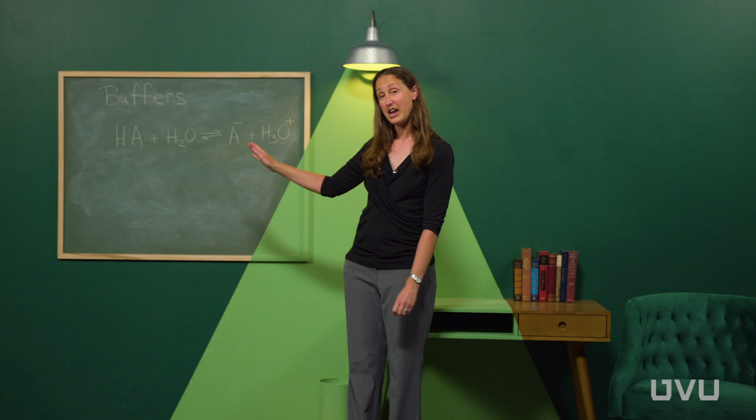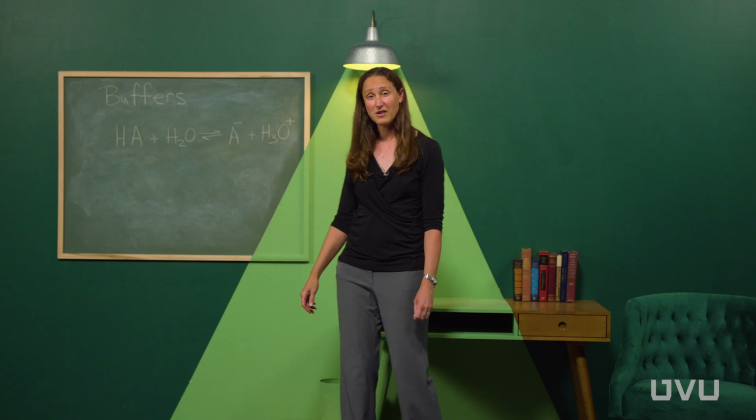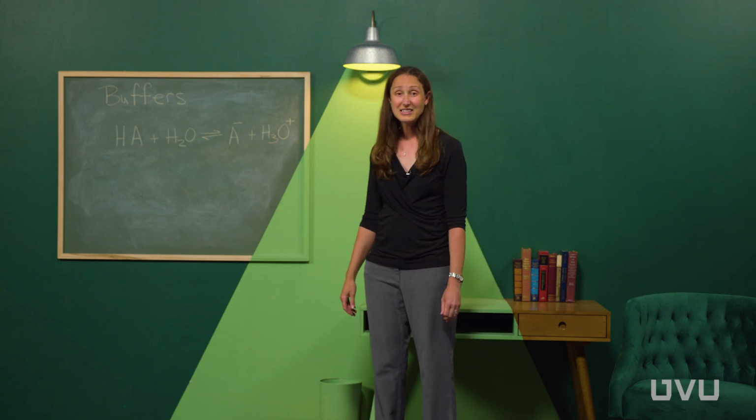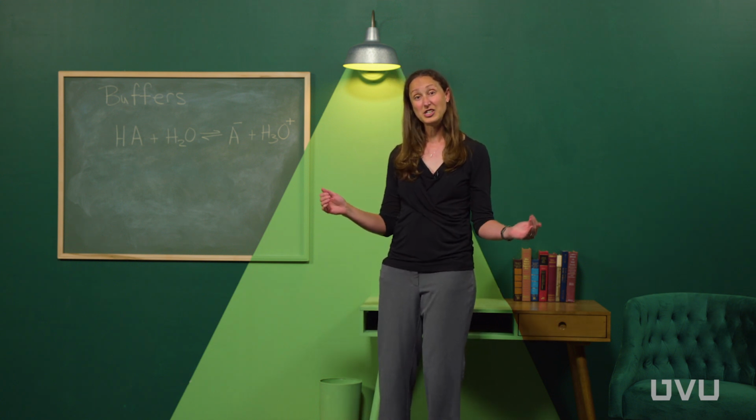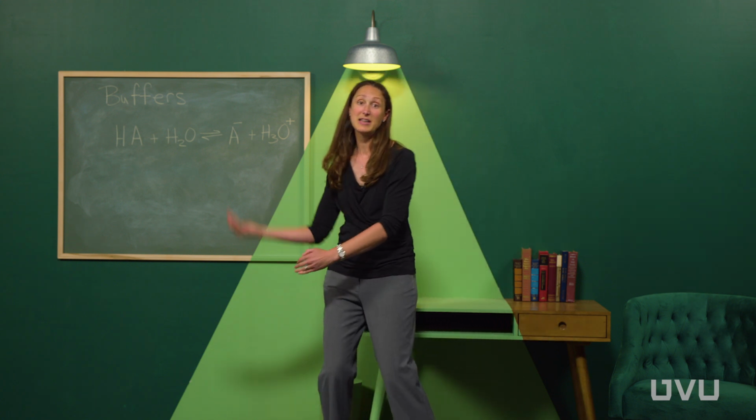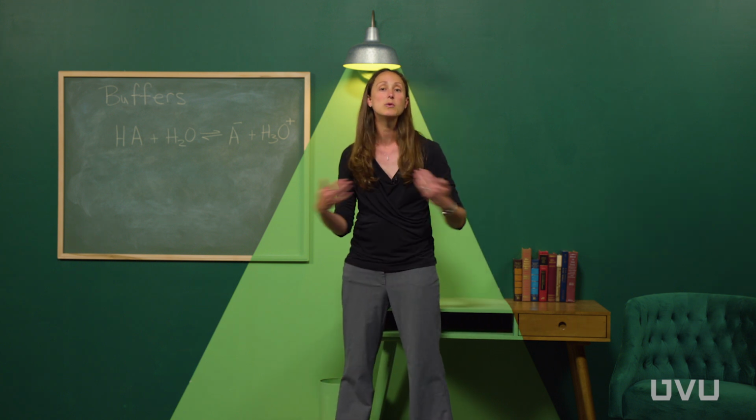So let's talk about how a buffer works. How does it resist pH change? So if I have HA and A- in near equal concentrations, and remember, they're at equilibrium, so I have a dynamic conversion of HA to A- and A- back to HA at equal rates. That means that if I perturb the system, equilibrium will try to reestablish.